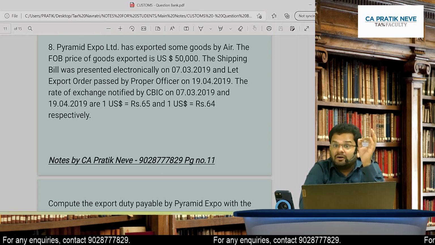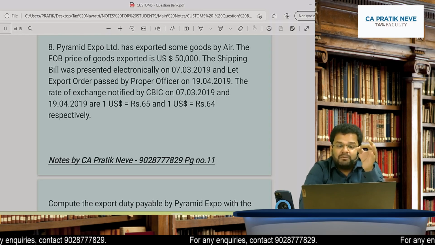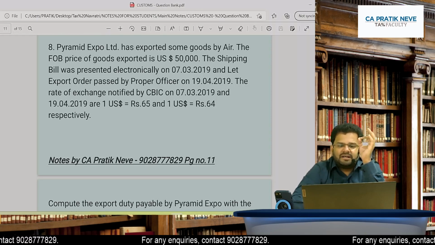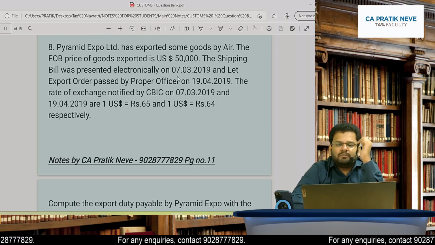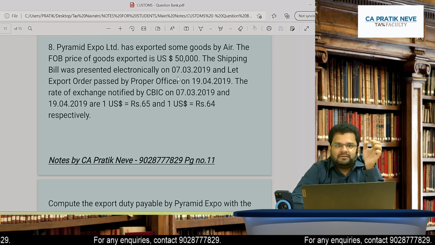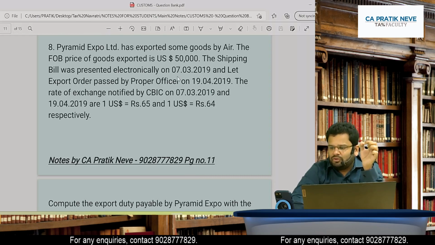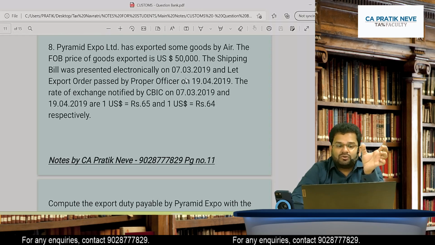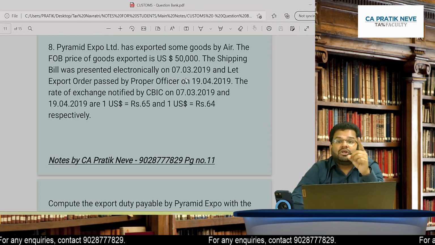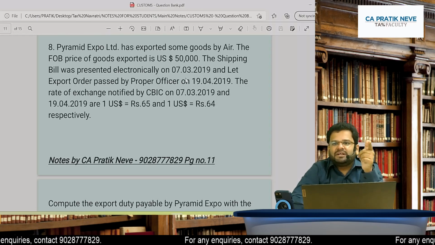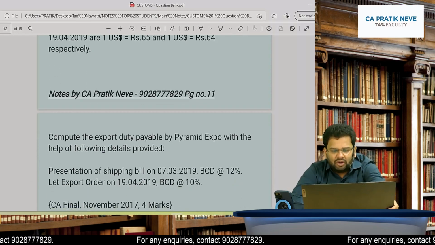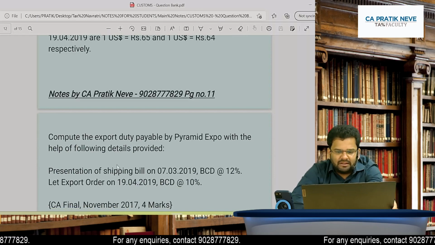So check on which date the shipping bill is presented. The shipping bill was presented electronically on 7th March 2019. So what you do now is, as on 7th March 2019, you take the rate of exchange. That should immediately click to you. So what's the rate of exchange on 7th March 2019?